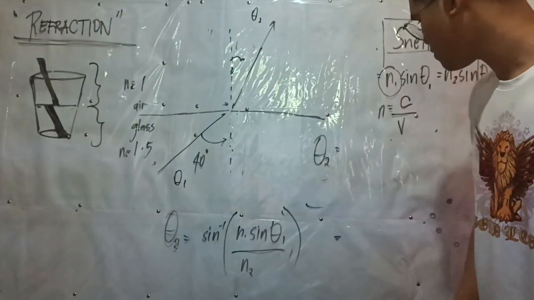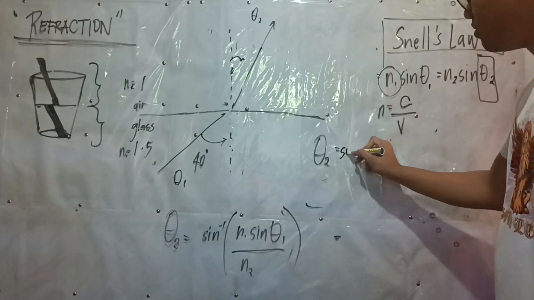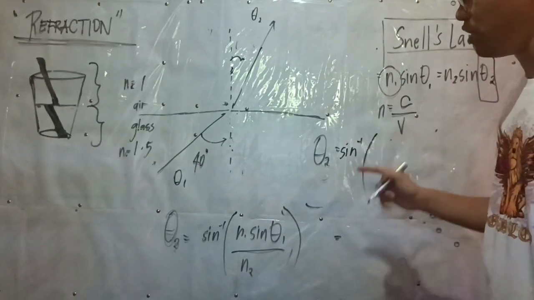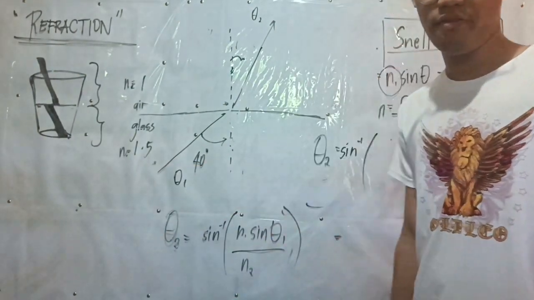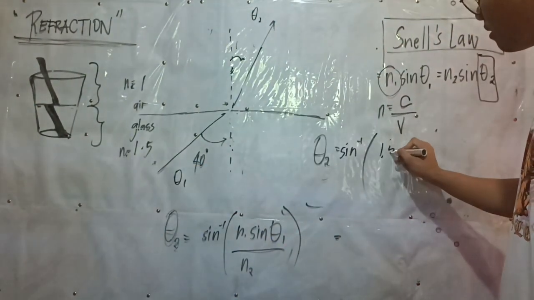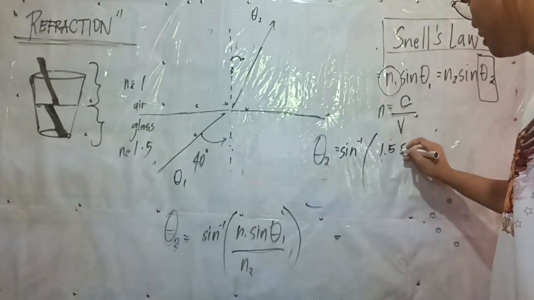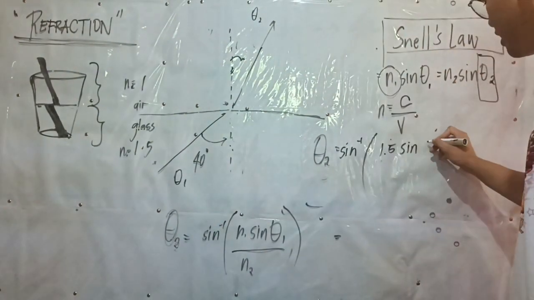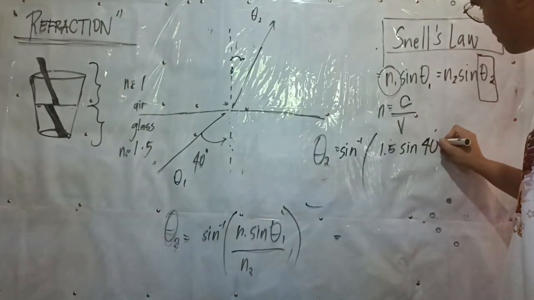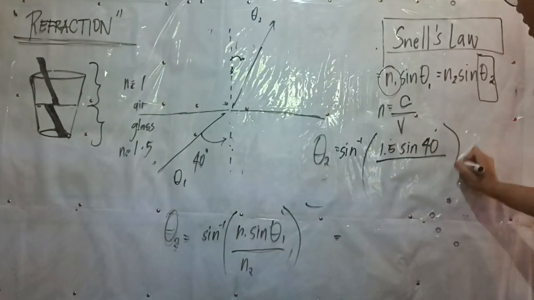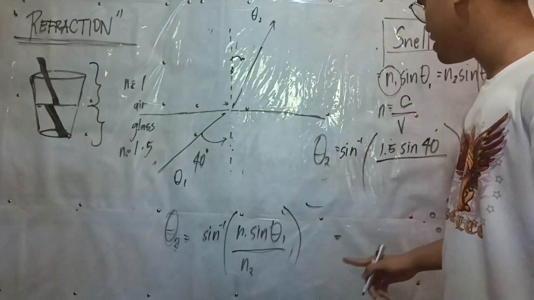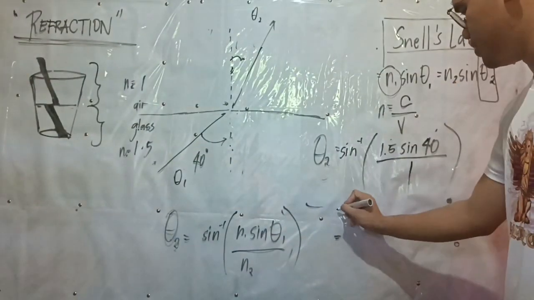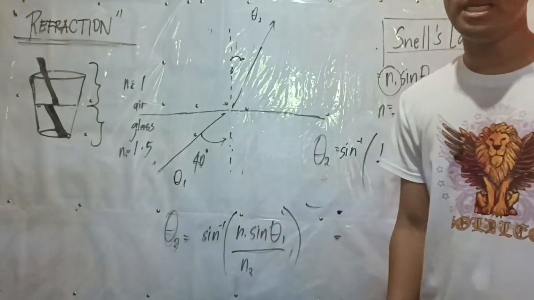So our theta 2 is just equal to inverse sine of N sub 1, which is 1.5, times sine of our angle of incidence, which is 40 degrees, divided by N2, which is 1. So, if we calculate this, what would we get?